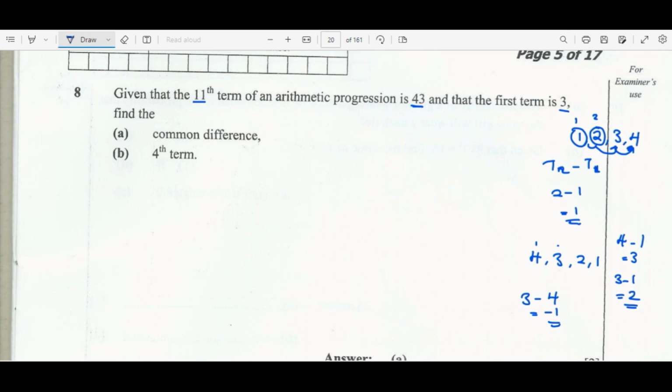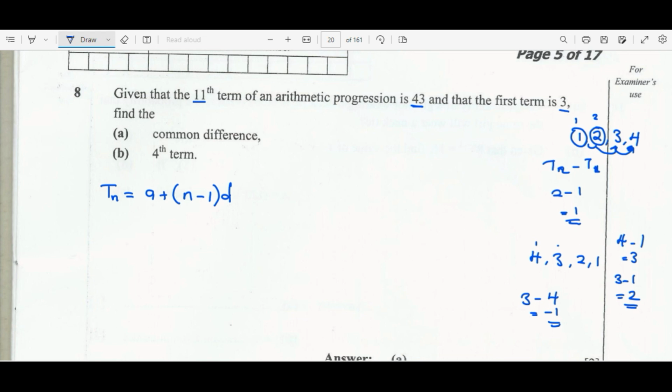So we will say the nth term T_n is equal to a plus open bracket n minus 1 close bracket d. Here T_n means the nth term. In this case, the nth term which is given is 43, because that is the arithmetic progression term.